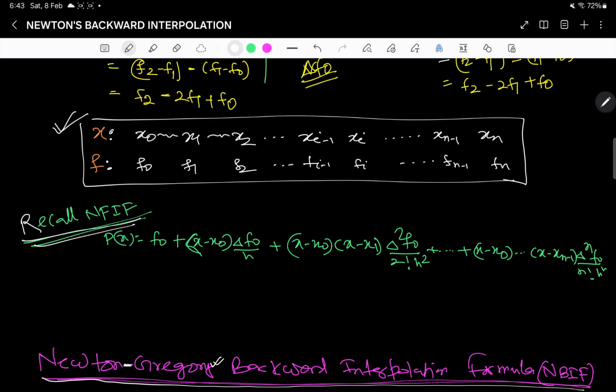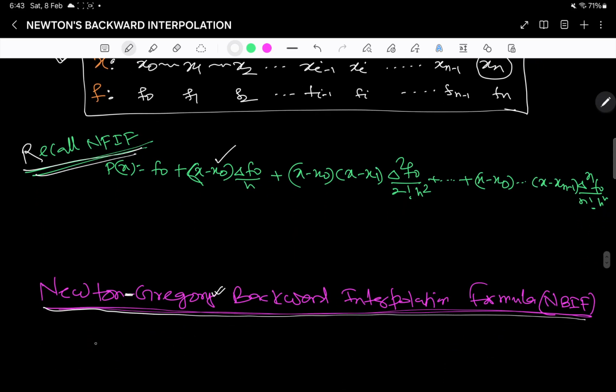Now if the point is close to the initial point, then we use forward. Now in backward, what will happen? It is close to the final point. So the necessary formula here will be, P(x) will be f0 is taken in forward, here fn will be taken in backward.